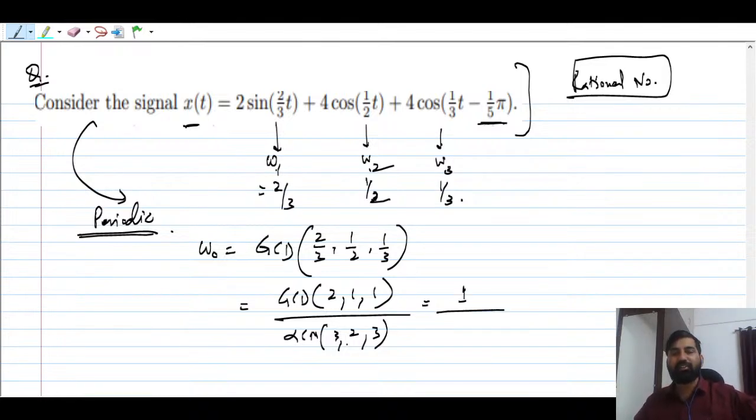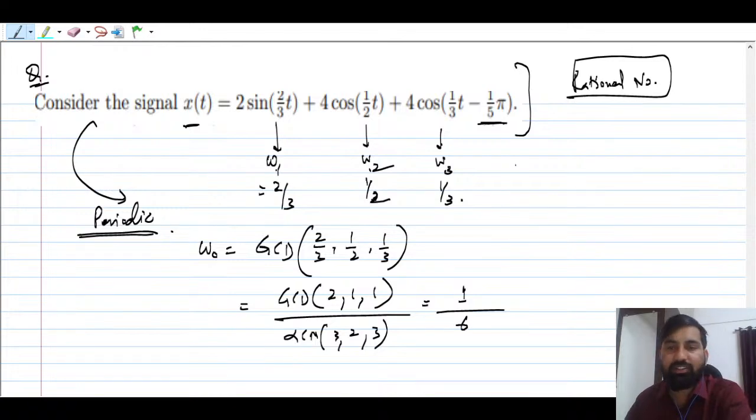What is the LCM here? You can find it quickly. The LCM will be 6.